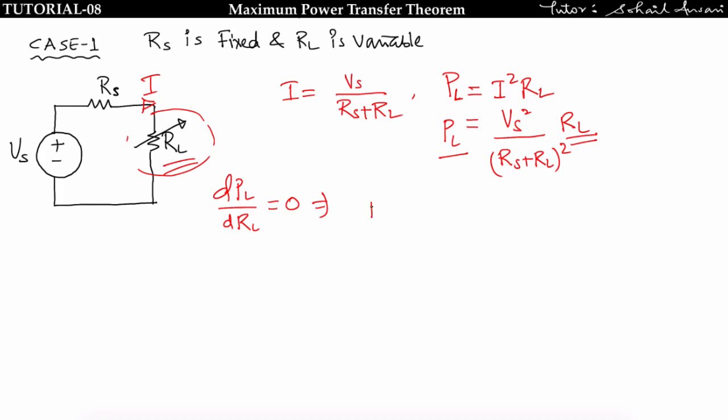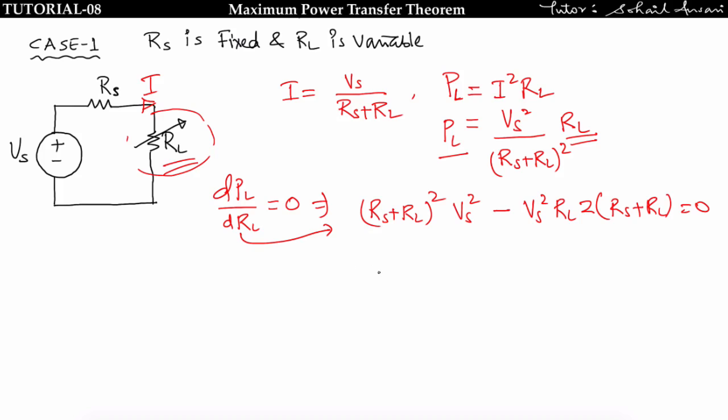So V, that is (Rs plus RL) whole square, into the differentiation of U, that is the numerator, which gives Vs square, minus U, that is Vs square into RL, into the differentiation of the denominator, which gives 2 into (Rs plus RL). Now this is dP upon dRL. Now equate it to 0.